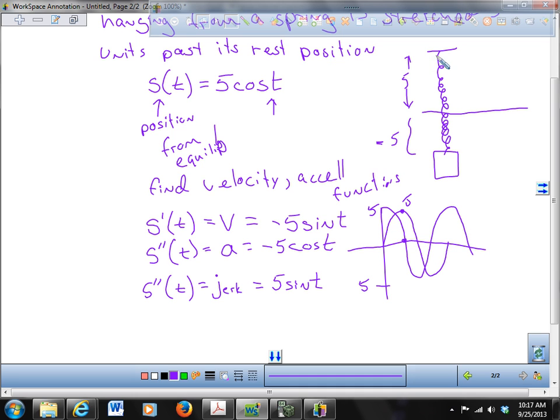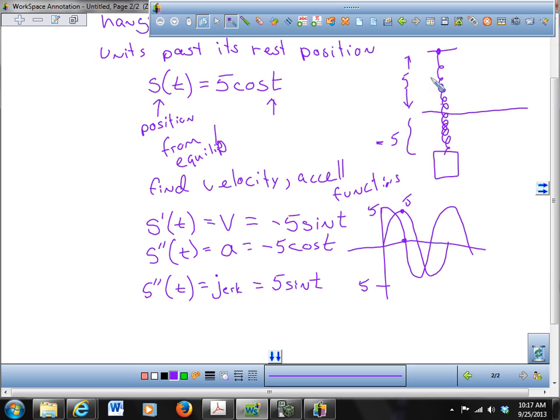It's going through the equilibrium, which kind of makes sense because it's going from really fast to slowing down. It's like you're in an elevator. At the beginning of the elevator ride, your acceleration is changing pretty rapidly, or when you stop. I would think maybe the jerk would be greatest right there.